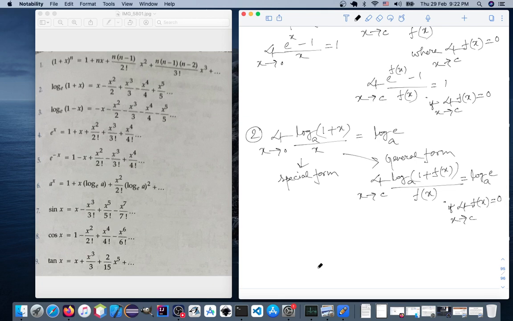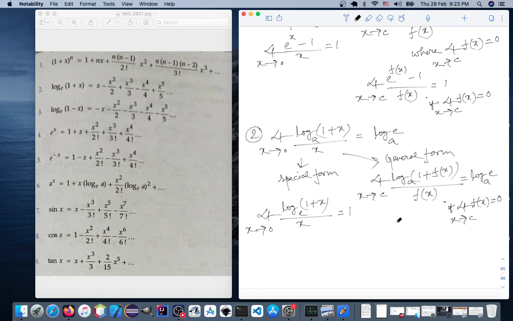Now if we substitute e for a in the limit, we can see that limit x tending to 0 of log e (1 plus x) divided by x is 1.